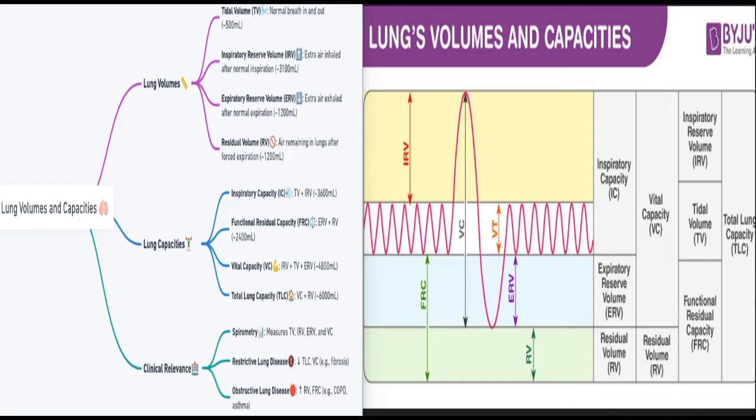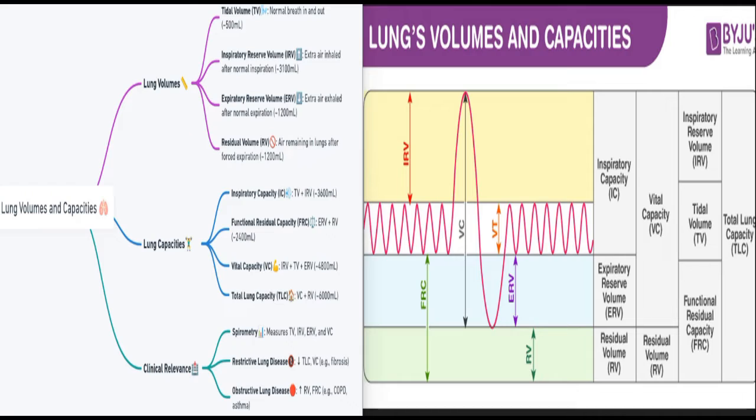So you realize that there are four volumes and four capacities. The volumes are the tidal volume, the amount of air inspired or expired in quiet breathing; then the inspiratory reserve volume, which is, after tidal inspiration, the maximum amount of air that could be inhaled; and the expiratory reserve volume, which is, after tidal expiration, the amount of air that could be exhaled.